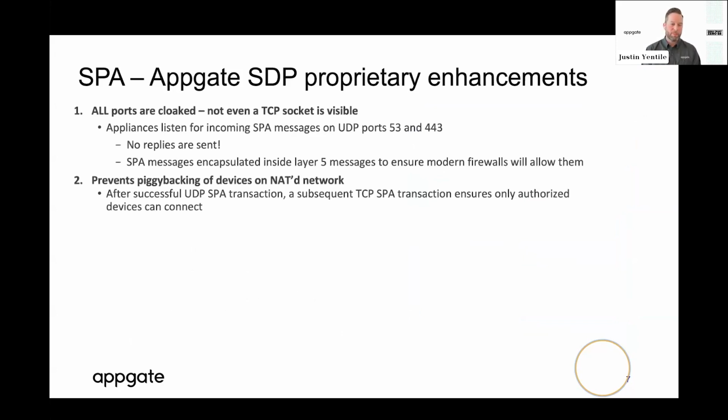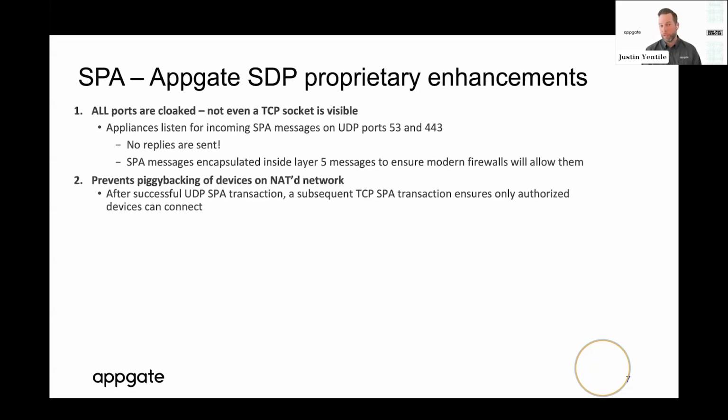These ports are used exclusively for receiving SPA messages. No replies will ever be sent from them. So in other words, if you were to run a port scan against the perimeter of the networks running these appliances, you will not see any listening ports, because if something doesn't respond to you, it becomes very difficult to detect that it's there.